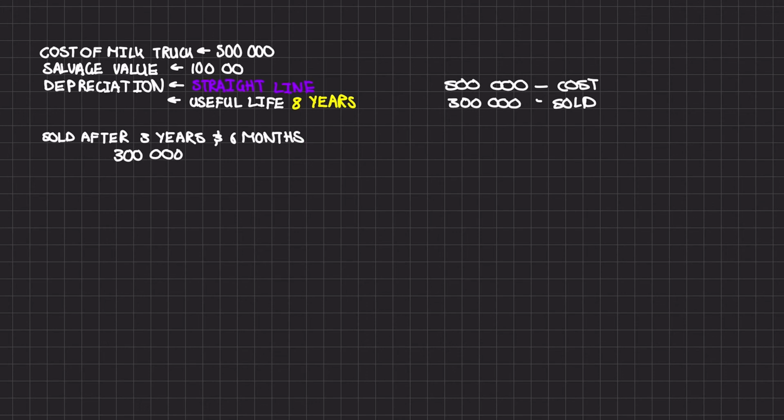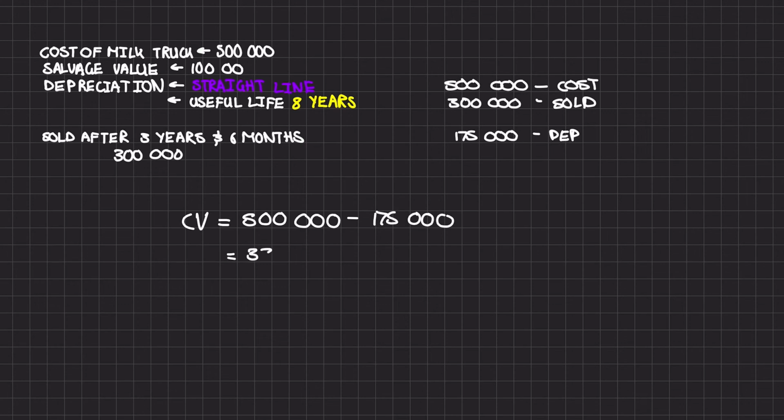Well, there was depreciation, as we said, of 175,000 for the whole life that we had the asset, okay? And that was the depreciation on the asset. So the carrying value, the CV, is equal to 500,000 minus 175,000. So we can see the carrying value of this asset was 325,000.